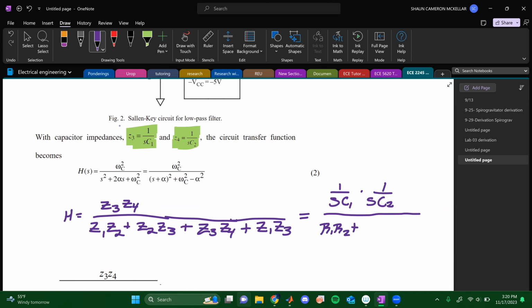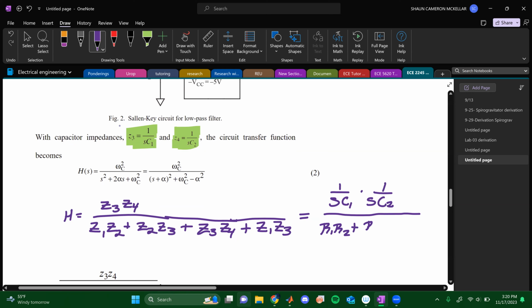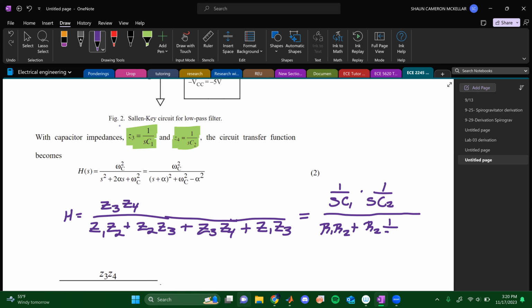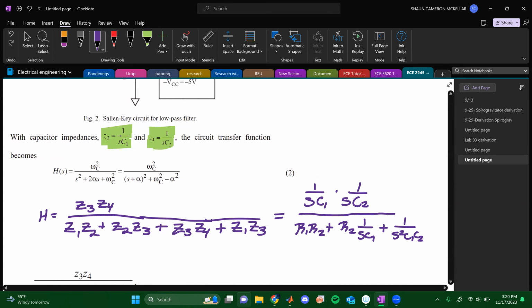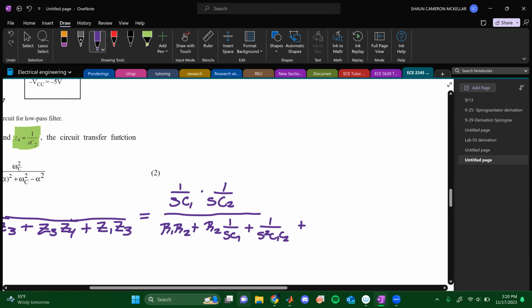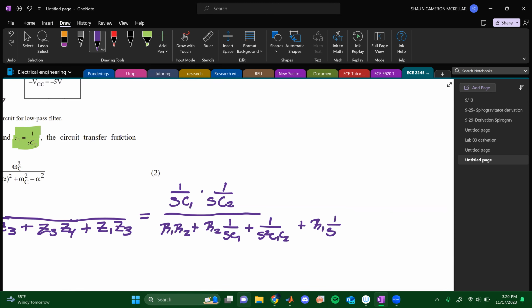Now plugging in Z2, that's R2, and Z3 is 1 over SC1, plus Z3 Z4, that's this term again, 1 over S squared C1 C2. And then plus Z1 is R1, and Z3 is 1 over SC1. Yeah, this is correct.